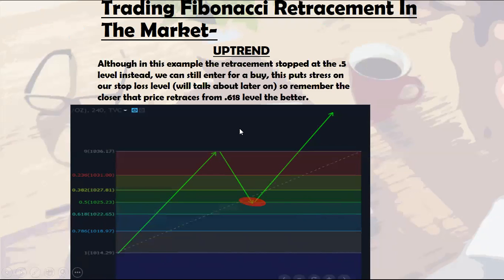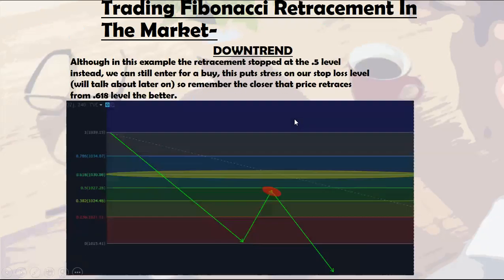Now, one thing I know you guys may be asking is how do you draw out the Fibonacci retracement tool? And I'll show you how to do that right now. So let me pull up the chart.